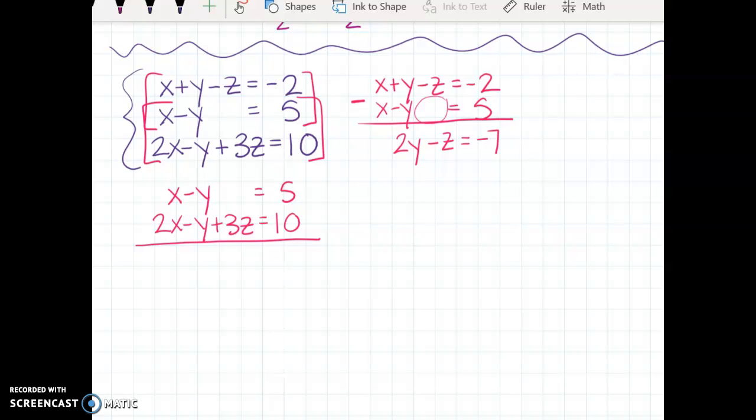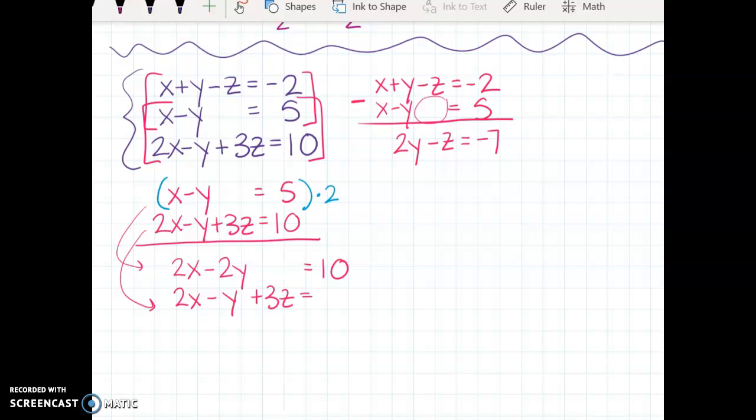So our x coefficients need to match. If I multiply the top equation by 2, I'll get 2x on the top. So I have 2x minus 2y, equals 10. And I'll bring down 2x minus y plus 3z equals 10.